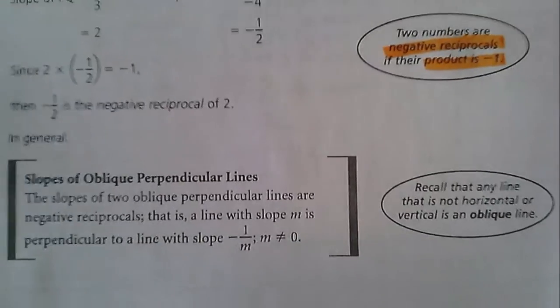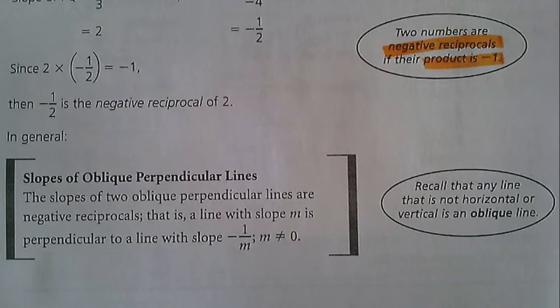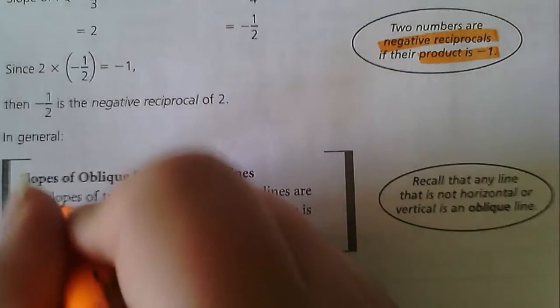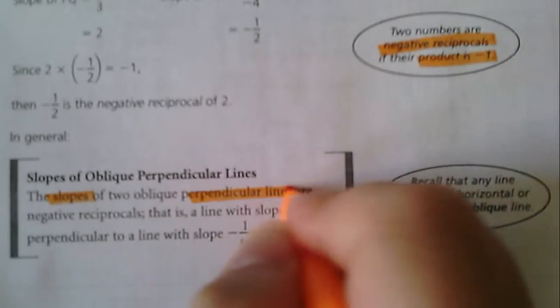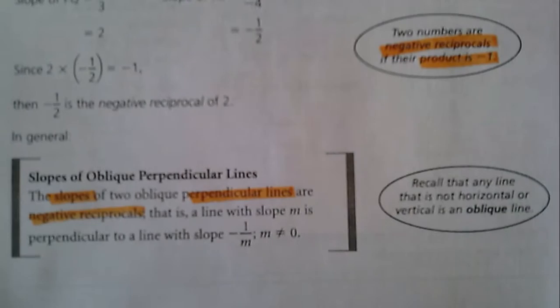So here's kind of the rule for these perpendicular lines. Now it says, sorry, oblique perpendicular lines. These are ones that are not horizontal or vertical, but any other kind of direction. So the slope of these two oblique perpendicular lines are negative reciprocals. Remember, the slope of perpendicular lines are negative reciprocals.